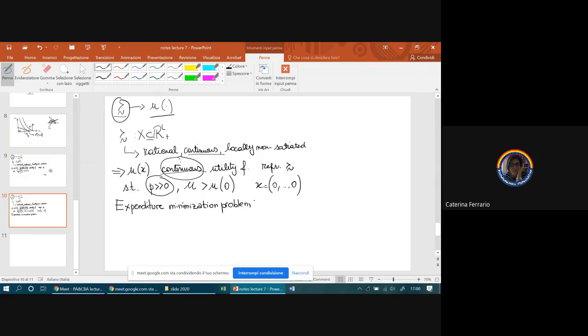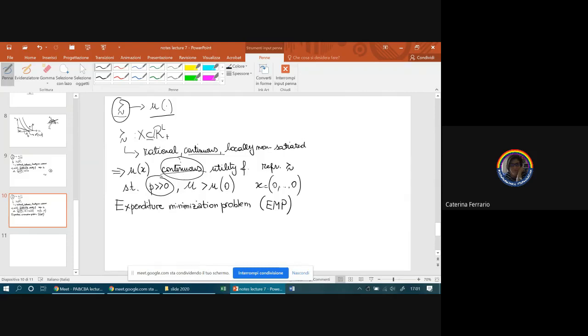Now, with the expenditure minimization problem, which we call briefly EMP, we are computing the minimum level of wealth that is required to reach a given utility level.